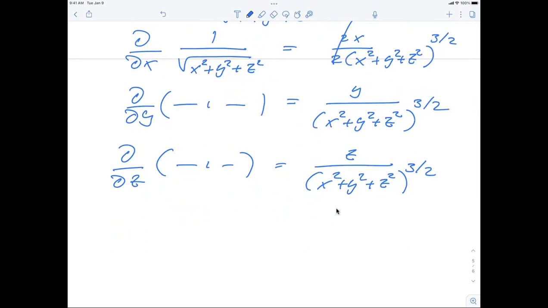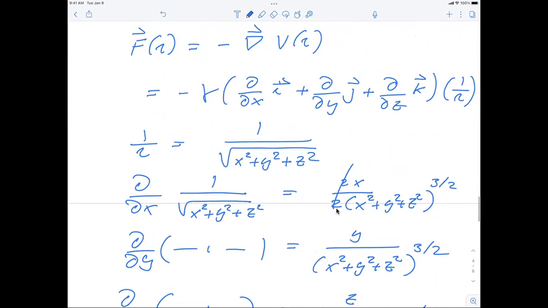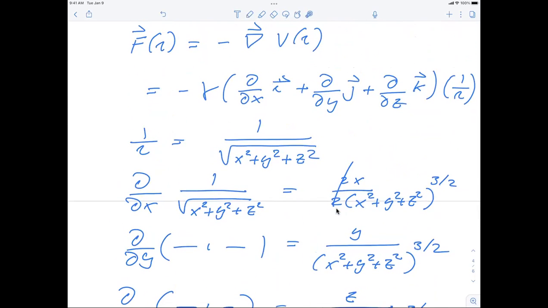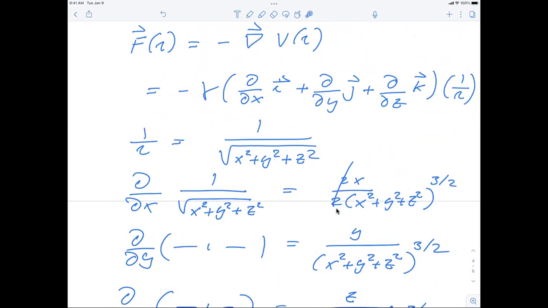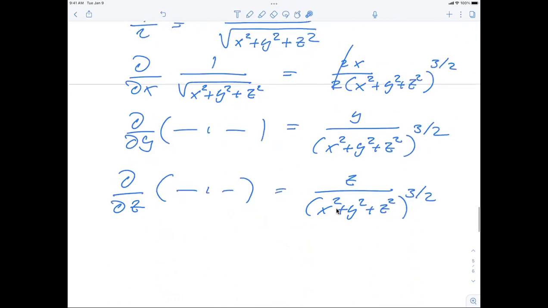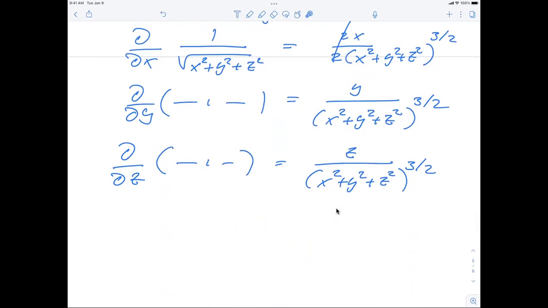Then what we do next, we go back to what we had here. So we have a vector in the x direction, a vector in the y direction, and one in the z direction. We have taken the derivatives, but now we need to add the vectors. When we add everything up, what we get is the following.